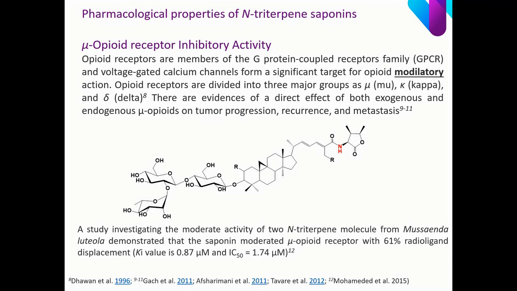The study investigating the regulatory activity of 2 nitrogen containing triterpene molecules from Mussaenda bulteolia showed that the saponin regulated the mu opioid receptor with some degree of radioligand displacement. This is an interesting event and interesting results for nitrogen containing triterpene saponins.